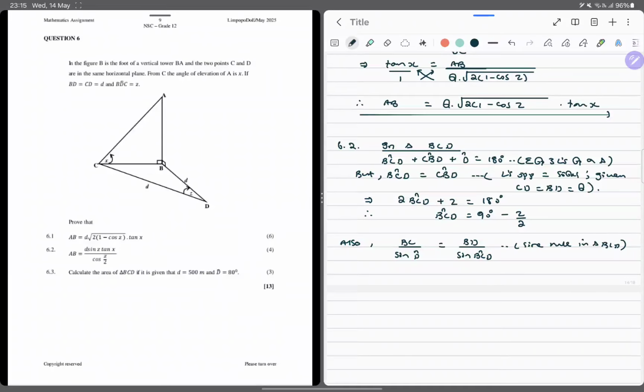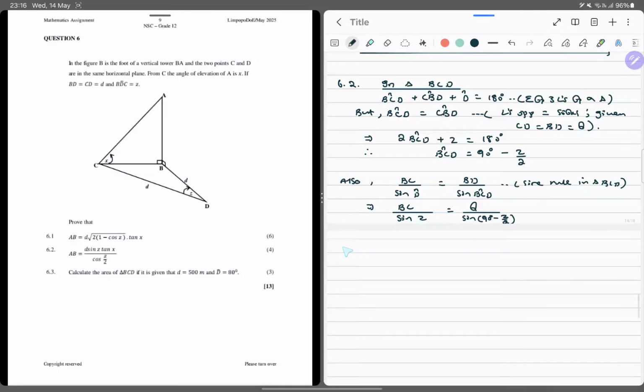We know this. It's also applicable to the triangle. So this implies that BC is what we want in terms of this other side now. So this is going to be the sine of angle Z equals BD, this is D, divided by sine of 90 degrees minus Z over 2.